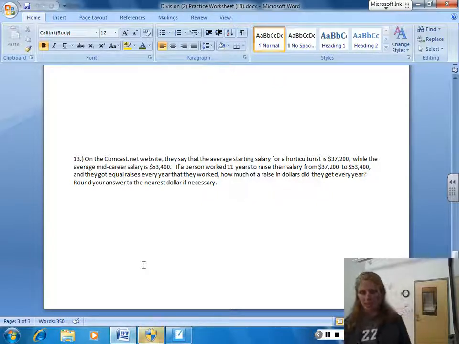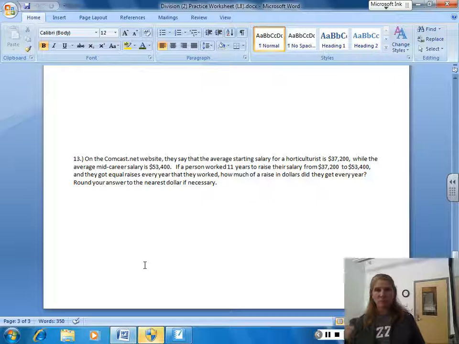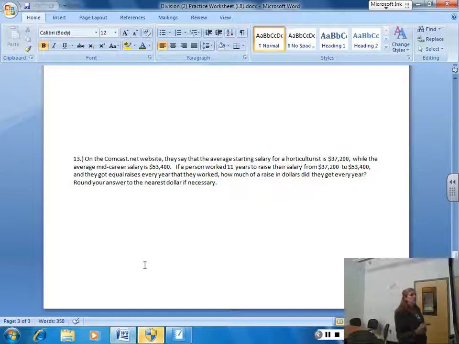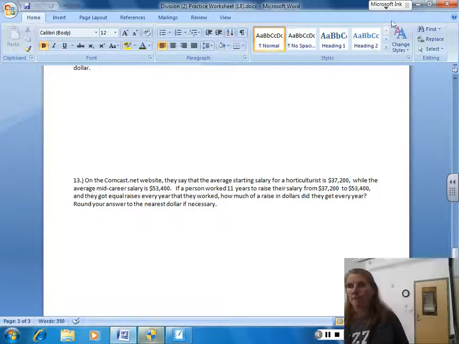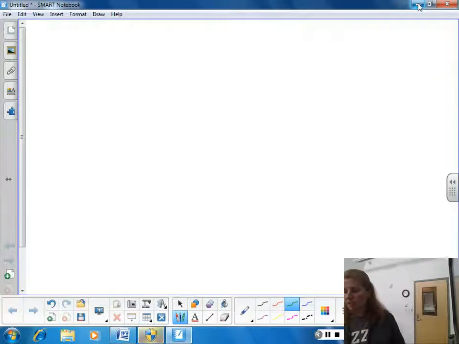So we're dividing the raises up equally into equal parts. That's how we know it's dividing. But first, we need to see how much of an increase it was from when they started until they were at their mid-career range. So $53,400 is what they're making after 11 years.